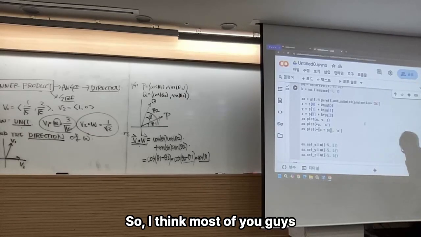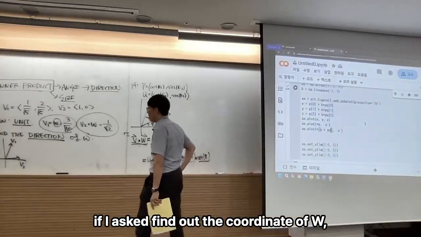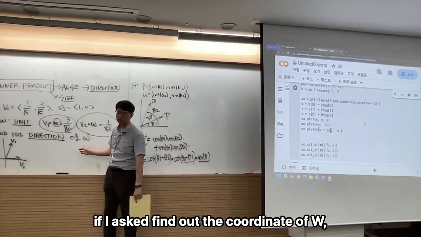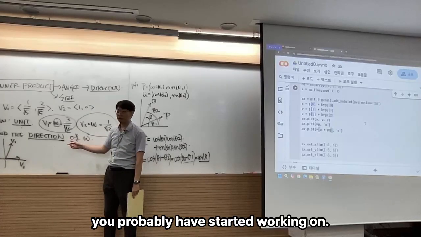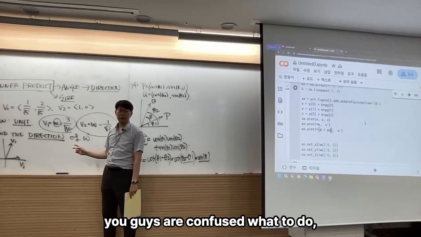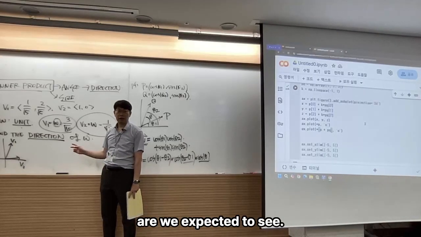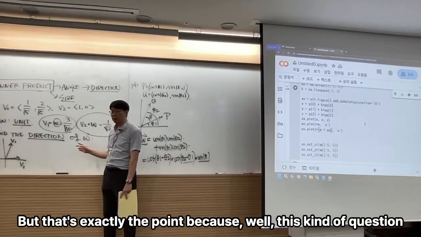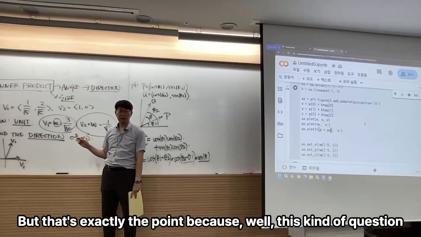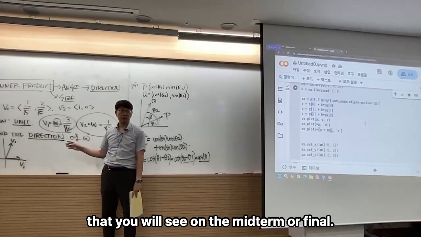Okay, I think most of you are confused about where to start, because if I had asked you to find the coordinates of w, you probably would have started working on it. But because I asked for the direction of w, you're probably confused about what to do. What kind of answer are we expected to give? But that's exactly the point, because this kind of question is what you will see on the midterm or final.